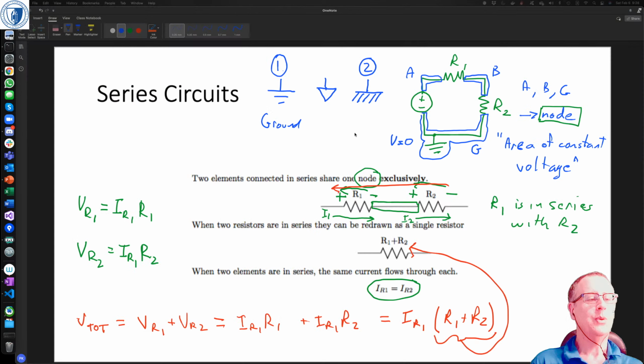So, anybody got any thoughts about the other one, symbol 2? Let me go with bingo, see if I can call on somebody. Spencer, do you have any thoughts about where a ground or an earth?